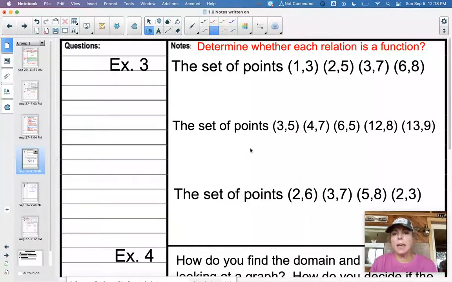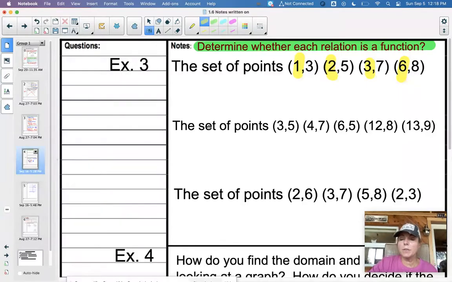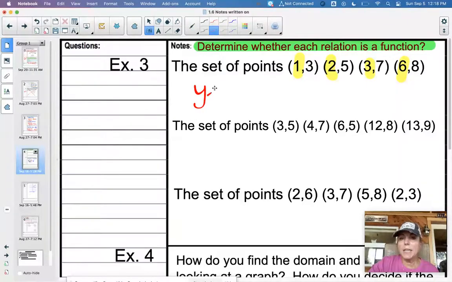Example 3, the set of points. We are going to do this. We're going to highlight. We're determining whether each relation is a function. Well, look at your X values. They do not repeat. So yes, that's a function.